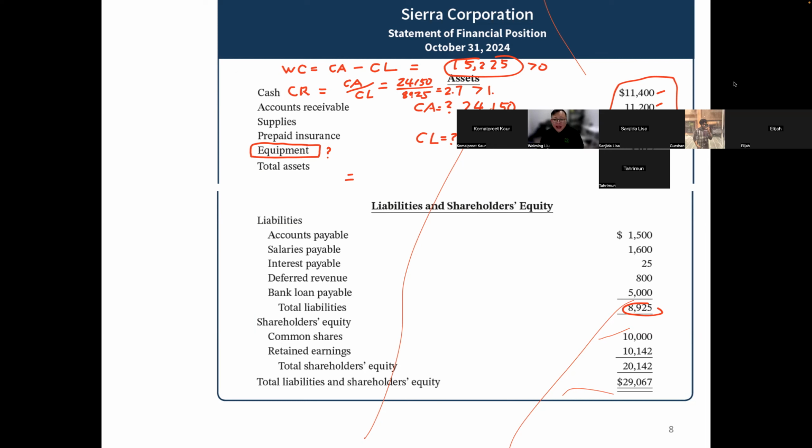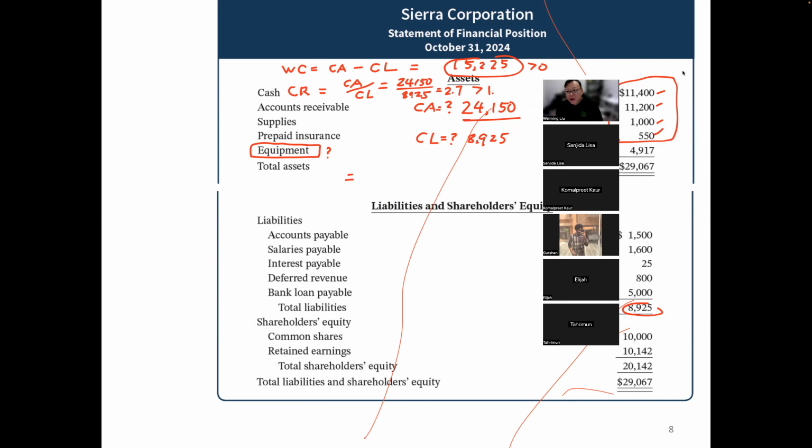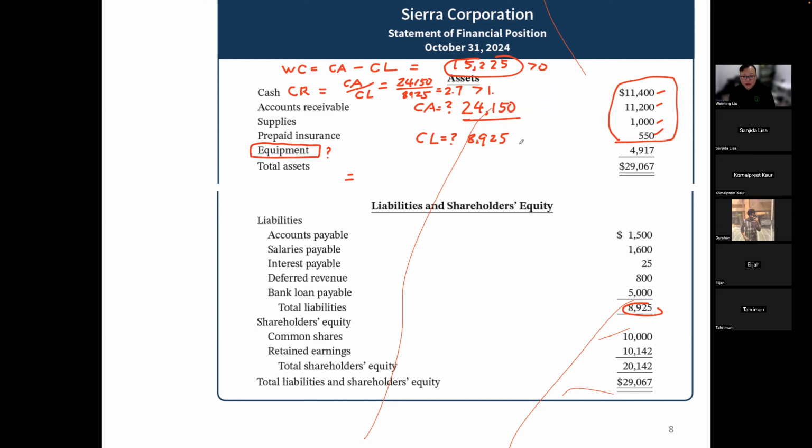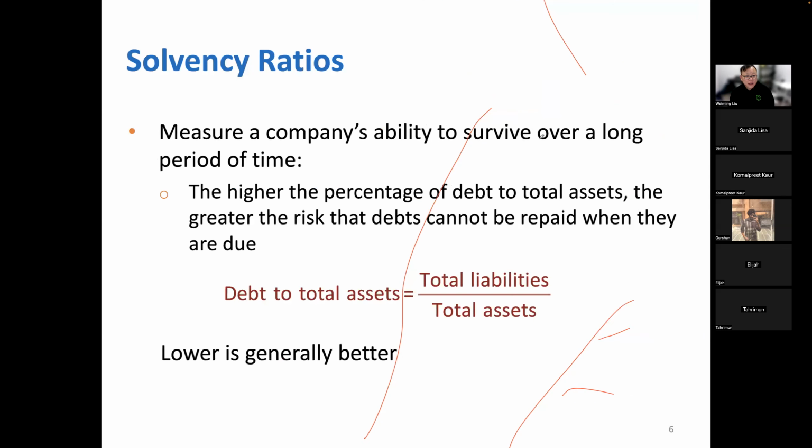So now calculate the long-term ability to survive, which is the solvency. So the solvency ratio I was showing you is debt to total asset. So your debt to total asset ratio, you use total liability divided by total asset.